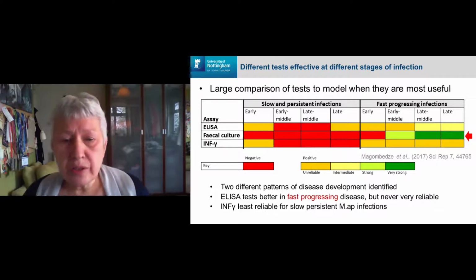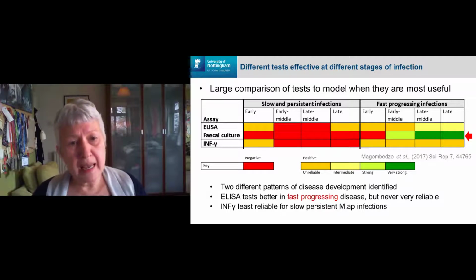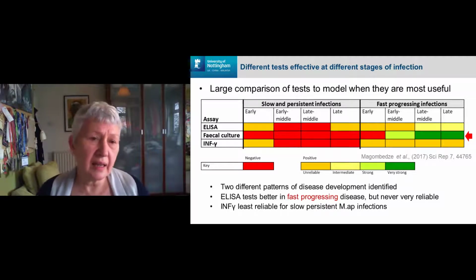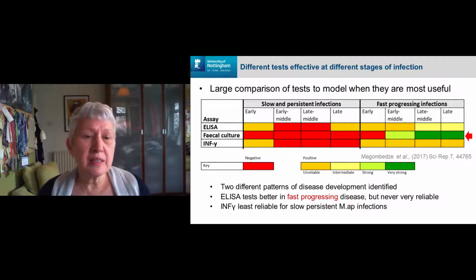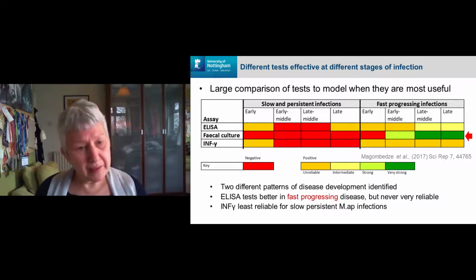So in 2017, the Animal Health Research Group in Ames in the USA, in the USDA Animal Health Group, produced this lovely paper where they really set out to compare the way that different tests were performing. And there were two things that were important about this study.